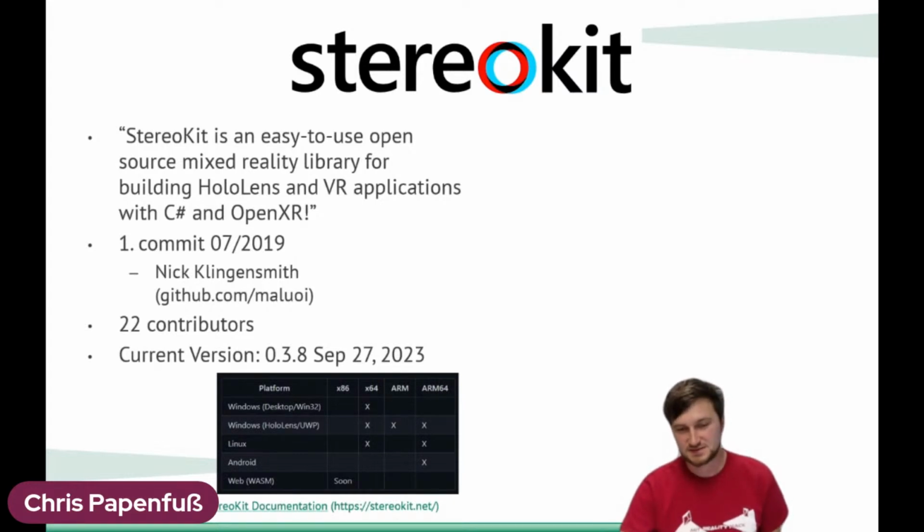There's this little table which explains where you can use it. You can use it on the normal desktop, like Win32 or x64 applications. So basically every tethered headset like HTC Vive or old Oculus devices you can use with it.